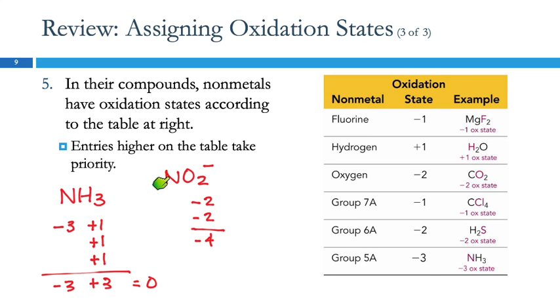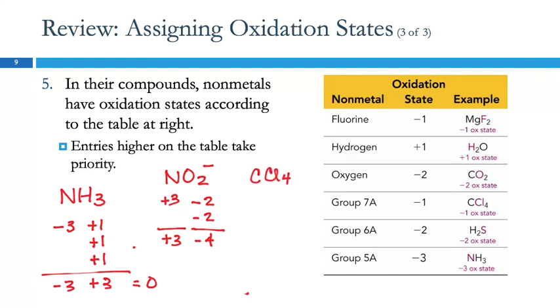Nitrogen has to be whatever is necessary to add up to -1. So this is -4, and so here the nitrogen is +3. Here the nitrogen was +3, before the nitrogen was -3. It just depends on what else it's with, okay?